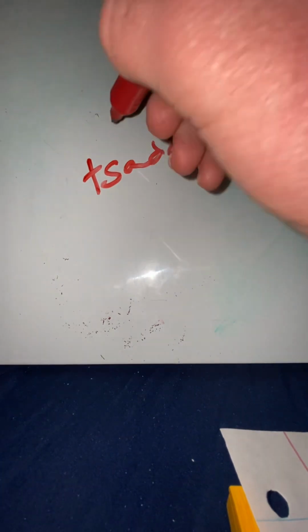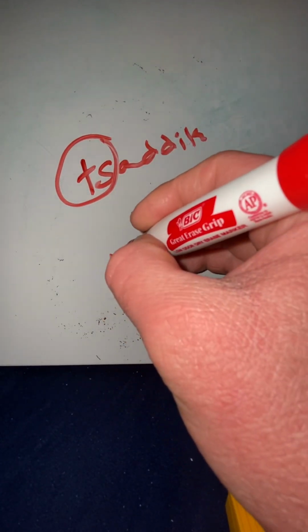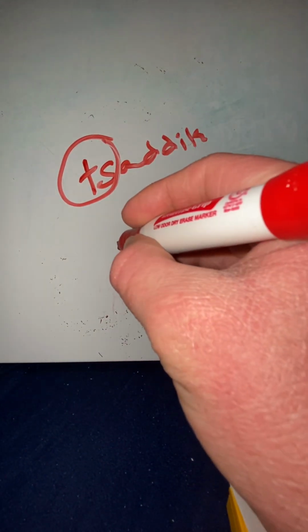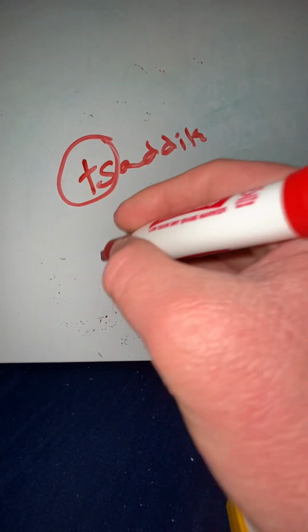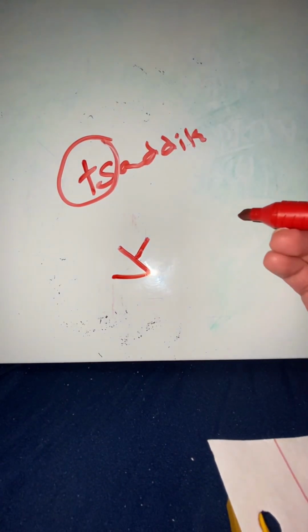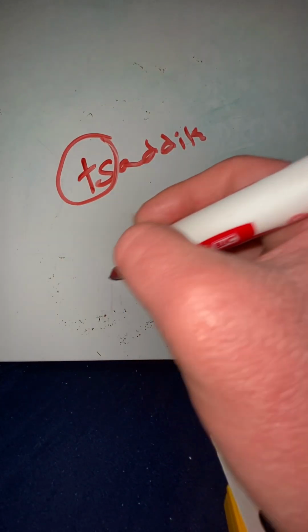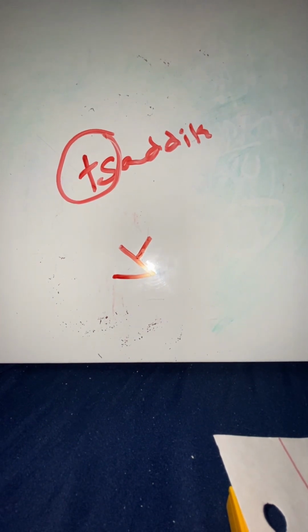We don't have a letter that makes this sound, but we have two letters that make this sound, T and S, and this one letter makes both. I'll make that a little bigger for you. It's basically an X, or actually a backwards Y that does not go below the line, with a horizontal line that goes to the left at the bottom. That is basically how you write it.